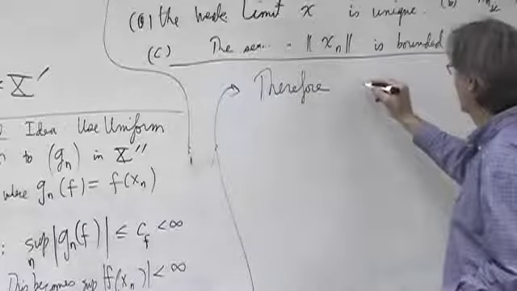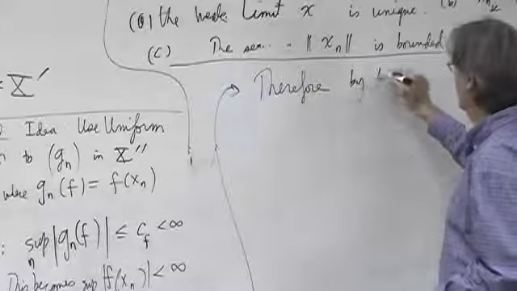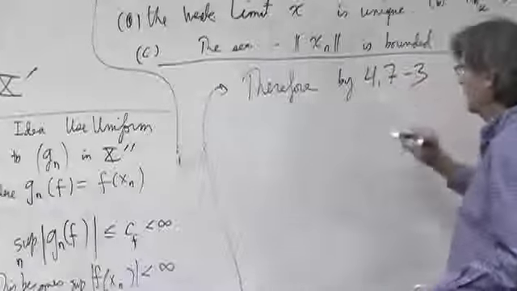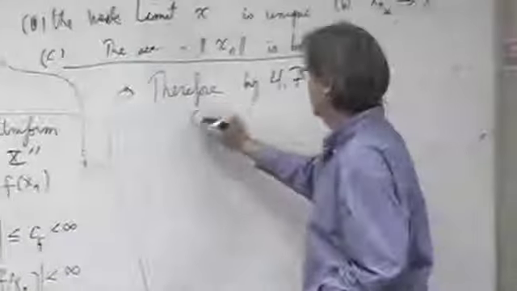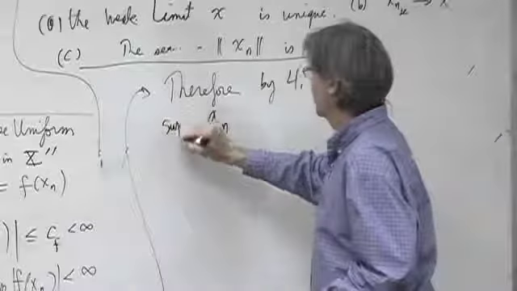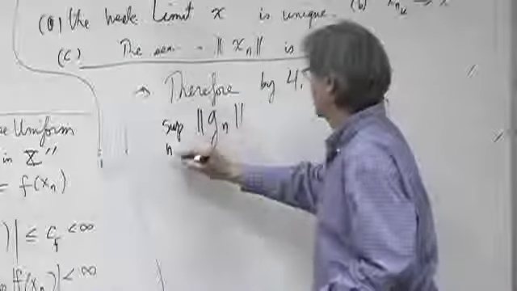Therefore, by 473, the uniform boundedness theorem, the supremum of the norms of G sub n is finite.